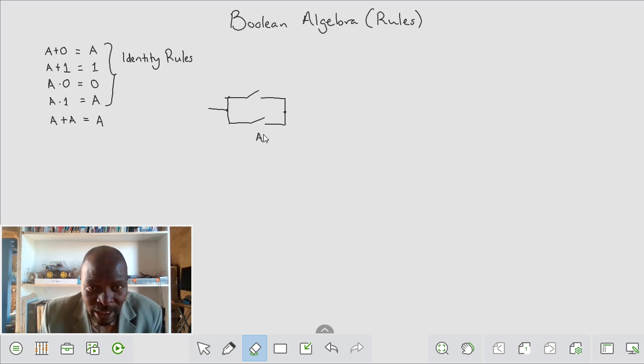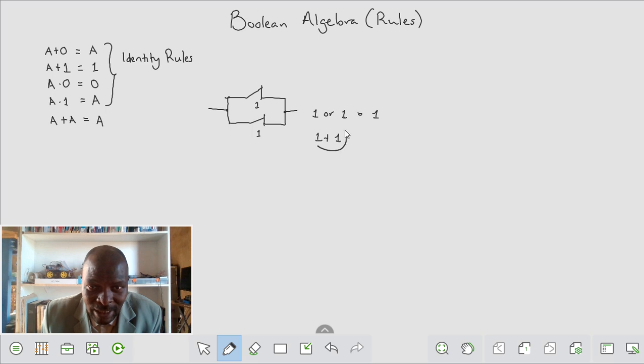Let's say I had something like this, where I have a permanently closed switch with another closed switch. So what is this? 1 or 1. What I'm saying here is that 1 is parallel to another closed switch. This is basically as good as 1. 1 or 1, 1 or 1.